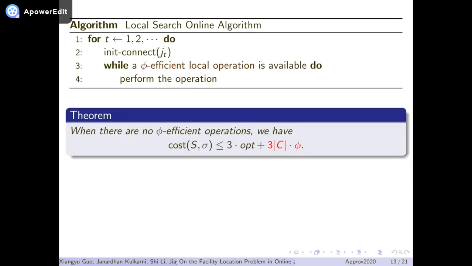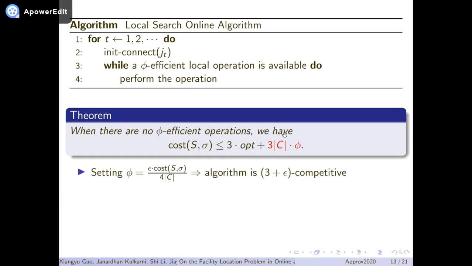Based on this, we can prove that when there are no phi efficient operations, the current cost is less than 3 times OPT plus a term. The OPT here refers to the optimal current solution cost. Then we deliberately set phi equal to this term.